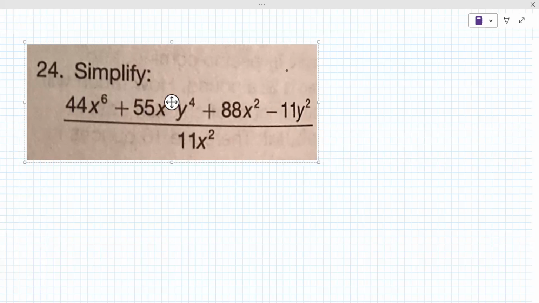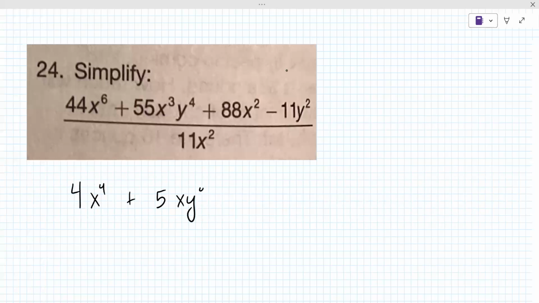4x to the fourth? Good. And 5xy to the fourth. Good. And 8. Sometimes you've got to write it out so you can see it here.